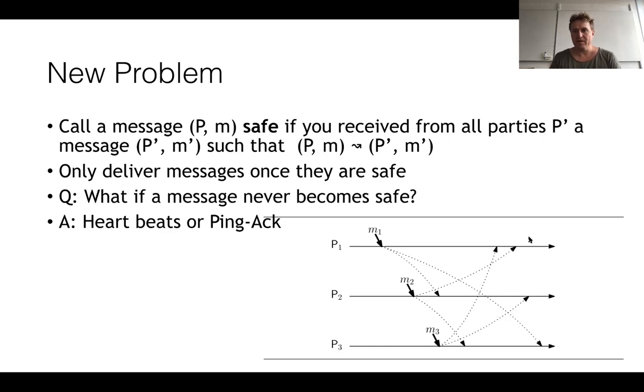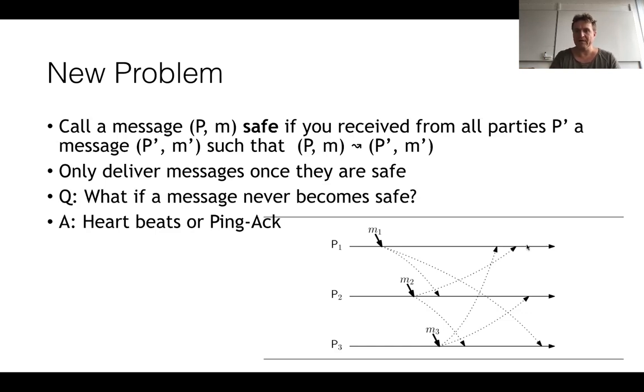Okay, so how do we avoid that a system like this deadlocks if there's no more communication? Well, we just create more communication. So what we can do is use time lightly and just say, now and then, if I haven't seen communication for the last second, I will send out a heartbeat. I send out a ping and get back an ack, is another way to say it, right?